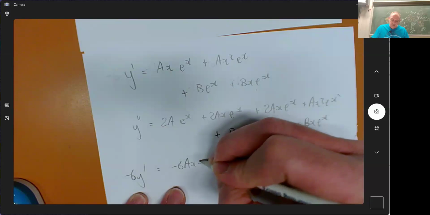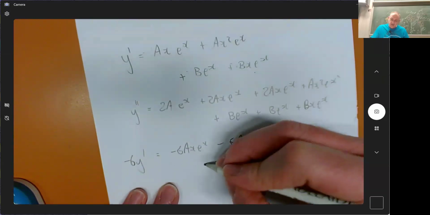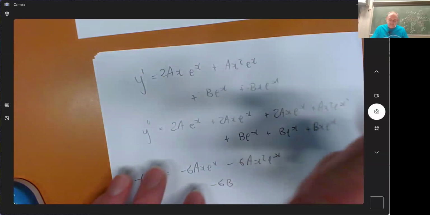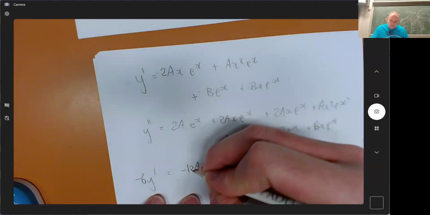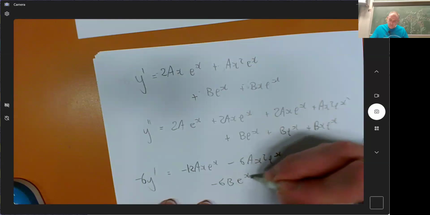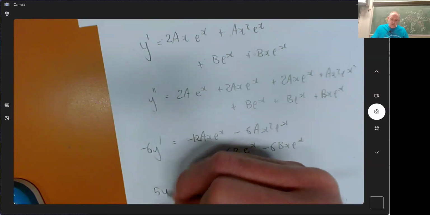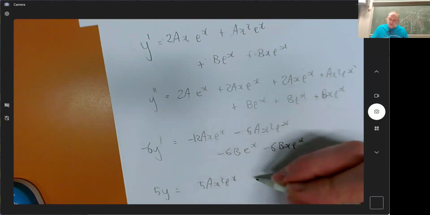Minus 6a minus 6a squared x minus 6. Oh, there was a 2 there originally, wasn't there? Yes, there was. And then 5y is 5a squared x plus 5.